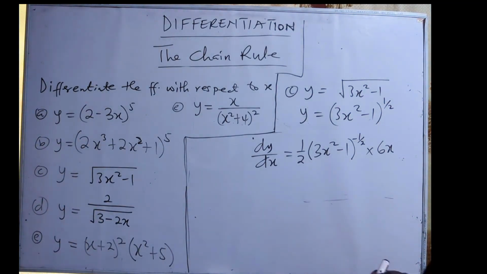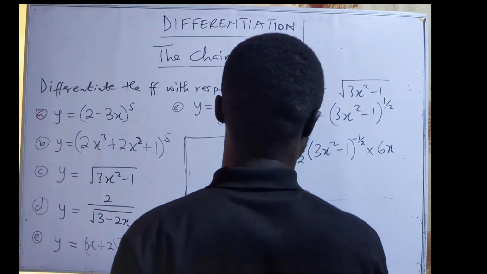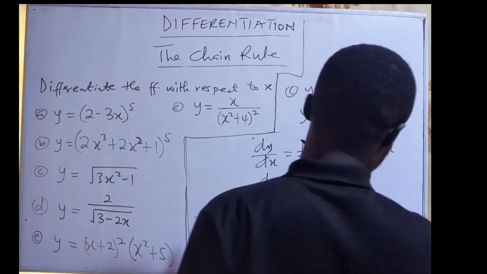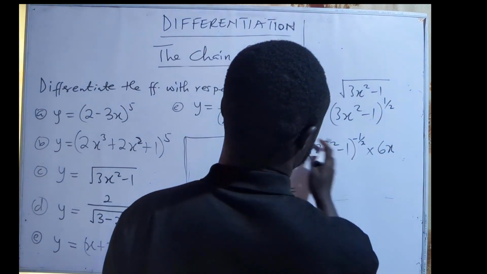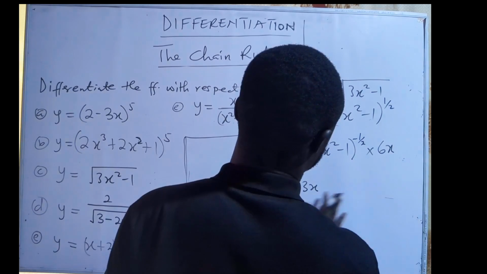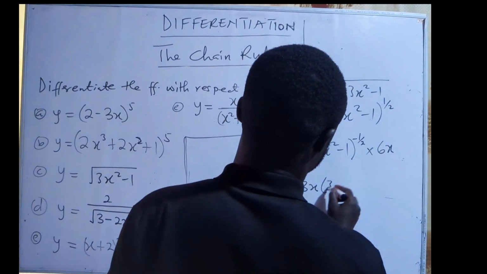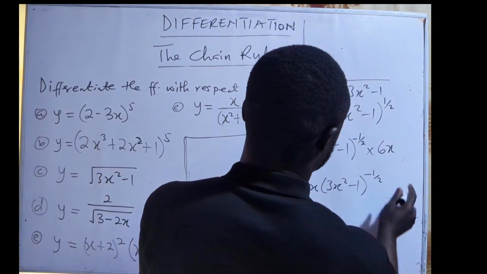Is that okay? Then finally, you can continue like this. Half times 6x will give us 3x. So that is 3x, then (3x squared minus 1) exponent minus 1 over 2.